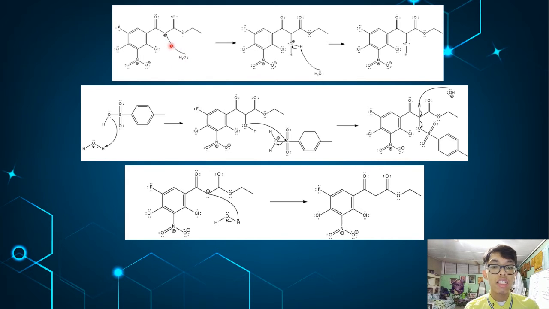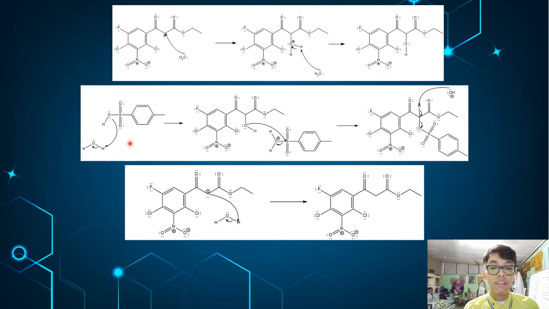That led to the attack of the oxygen in the water molecule because this is a positive charge. So that gives us a water atom bonded to that carbon. Now that water atom would then be deprotonated by another water molecule, giving us this product.